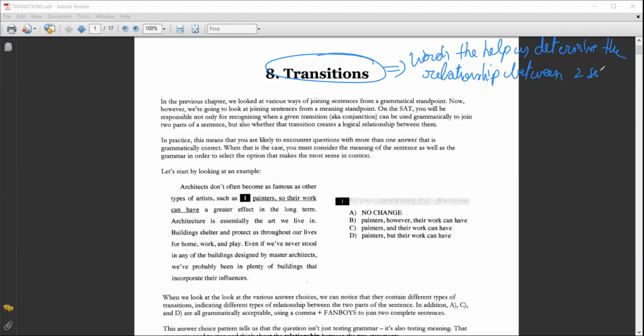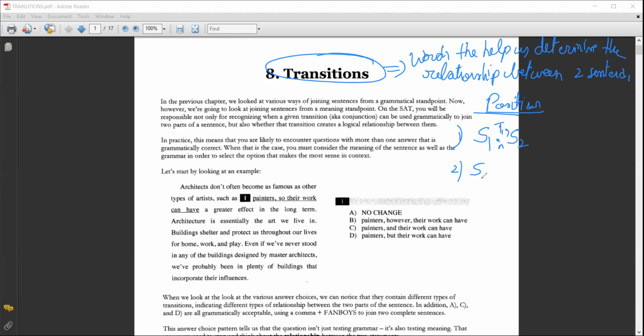There are many positions where a transition can be placed, but for SAT, we have certain positions and I'll explain those. The first position is between two sentences. Sentence one, period, sentence two: right after the period and at the start of sentence two, transition, comma, sentence two.